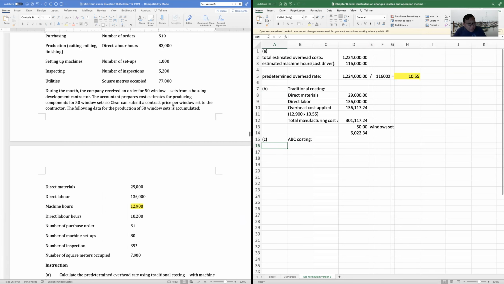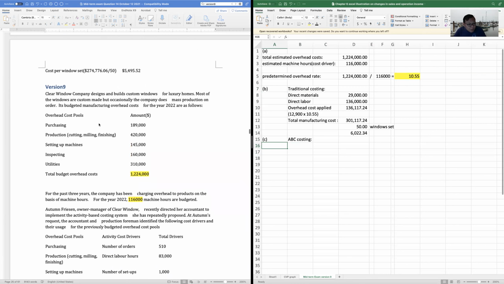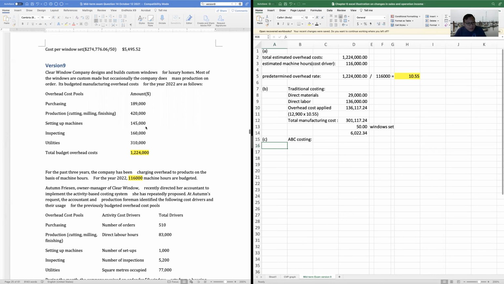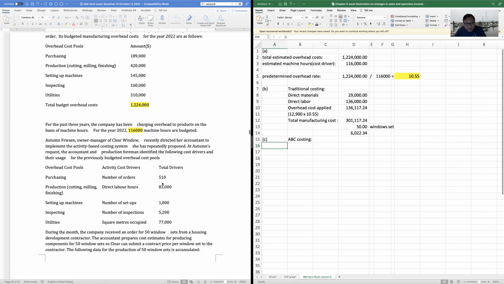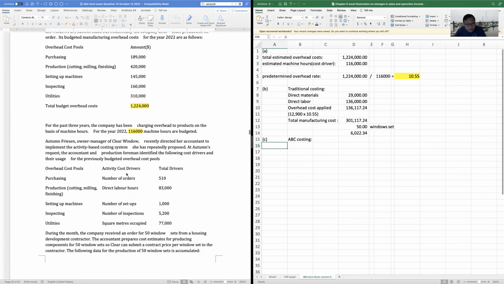Step 1, you want to know what are the cost pools and what are the amounts of the overhead cost. And then step 2, you want to know what is the activity cost driver and what's the budgeted level for that cost driver. Right. So step 1 here, step 2 here.